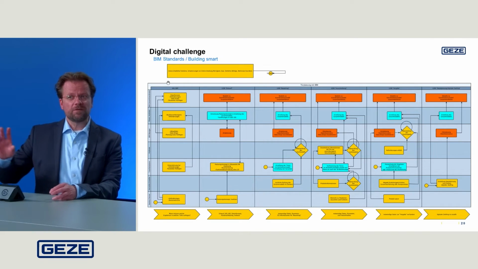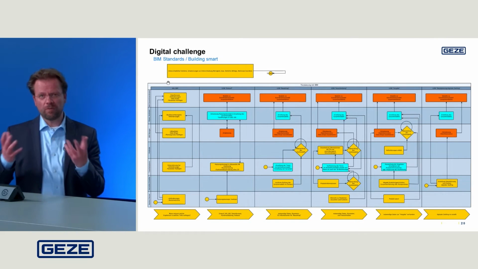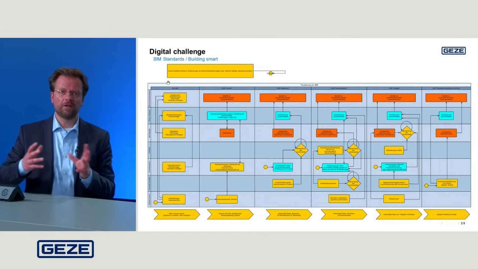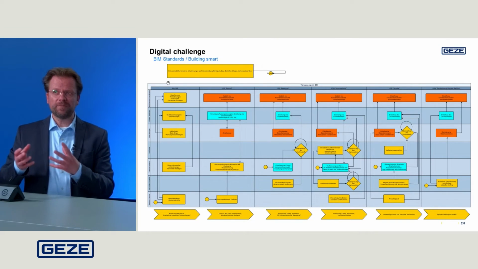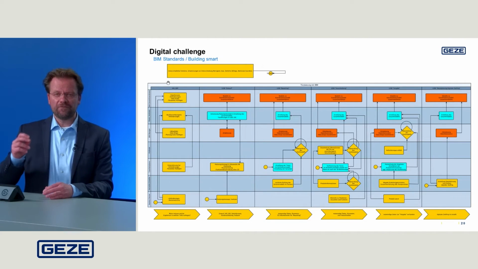And this thing here is not about LOD. You might know this word, level of development or level of detail. It's not about a standard, it's just a guideline. It's just about level of information needed.